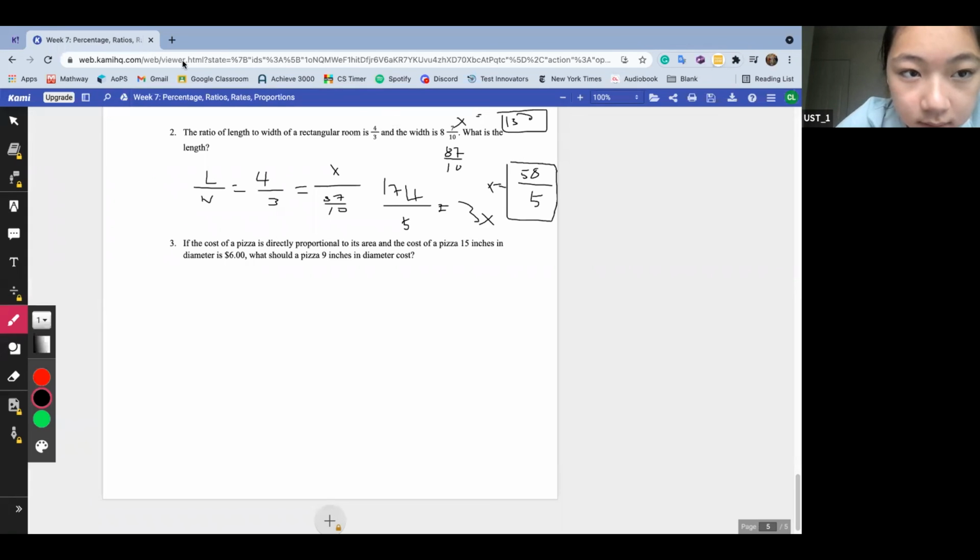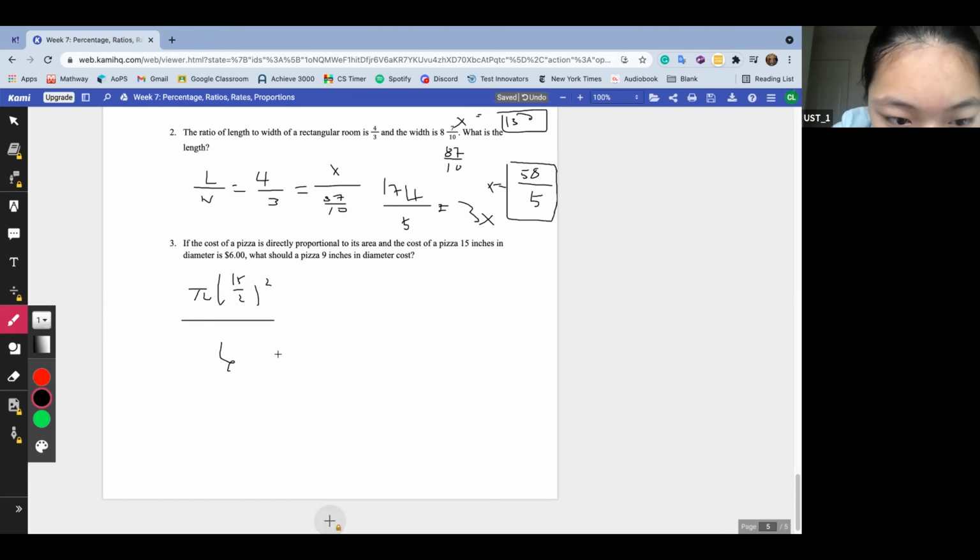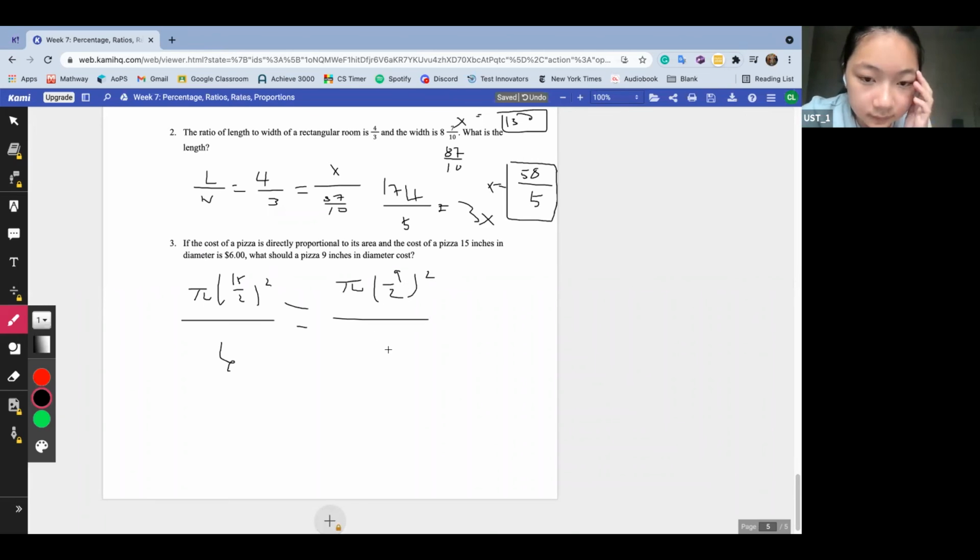So if the diameter is 15 inches, the area would be pi times 15/2 squared, over the cost 6, equals the area of the other pizza over x.